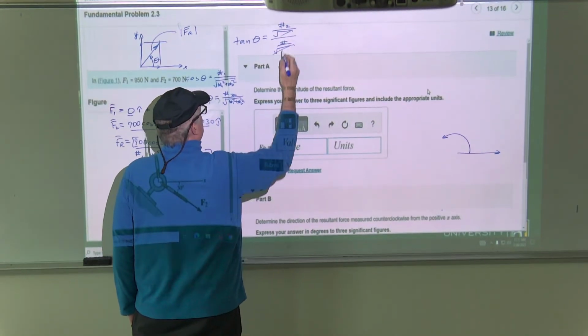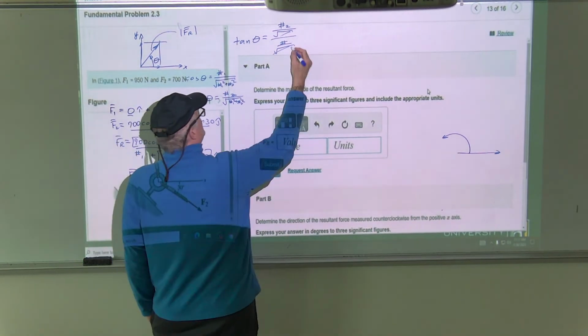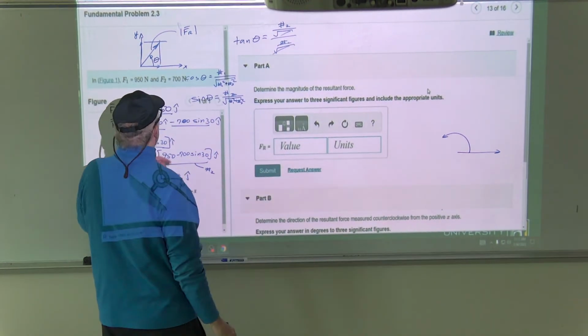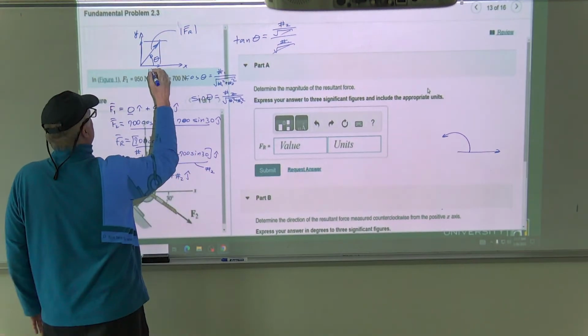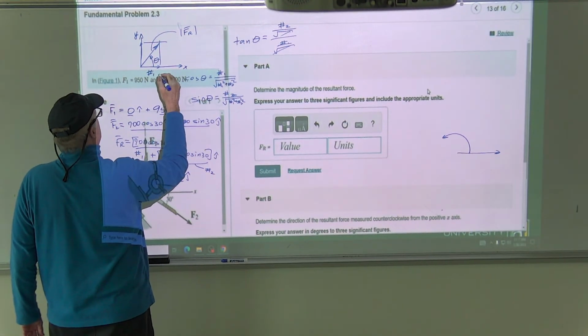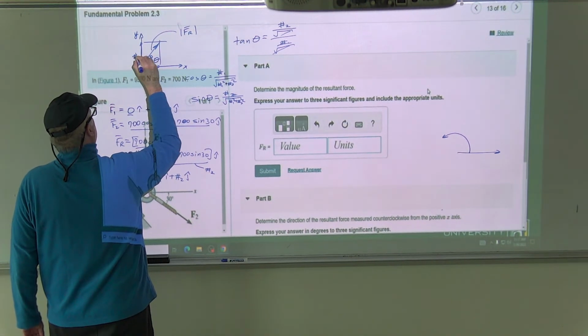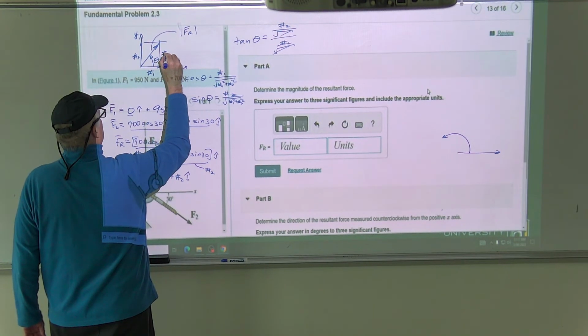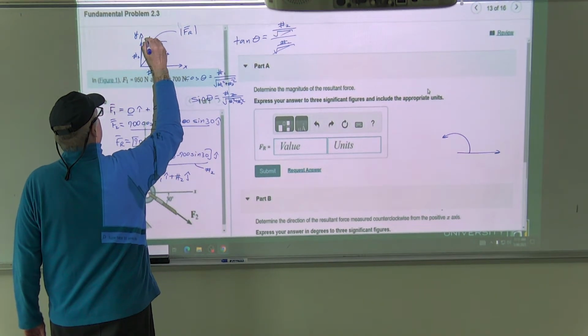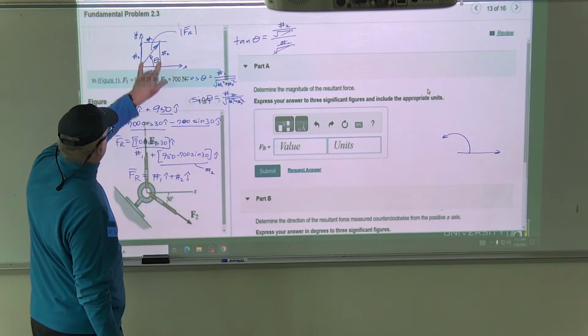These things cancel and you get number 2 over number 1. So those are the links there.